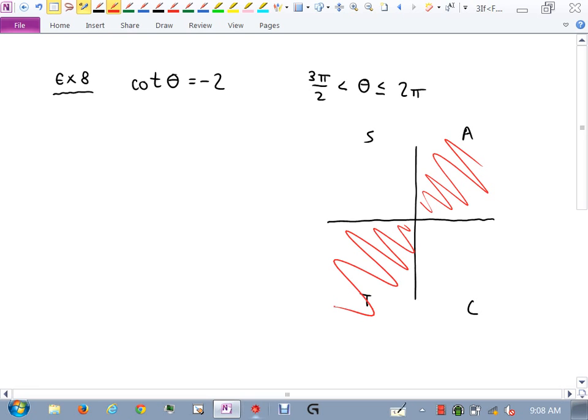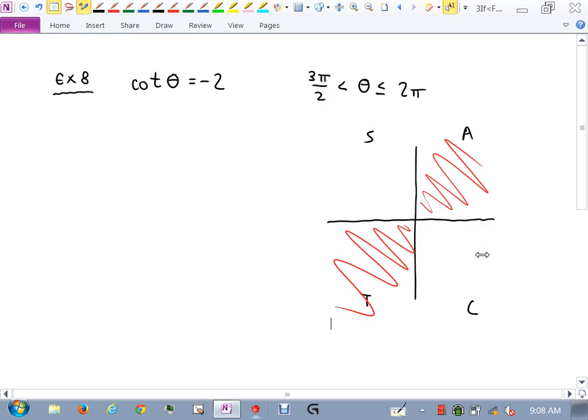All right, now I'm told that my angle has to be between, oh, you know what? I wrote that down wrong. I meant to put on here, instead of 2 pi, I meant to put, what did I mean to put? Well, we'll just leave it. Because where's 3 pi over 2? Straight down. And where's 2 pi?